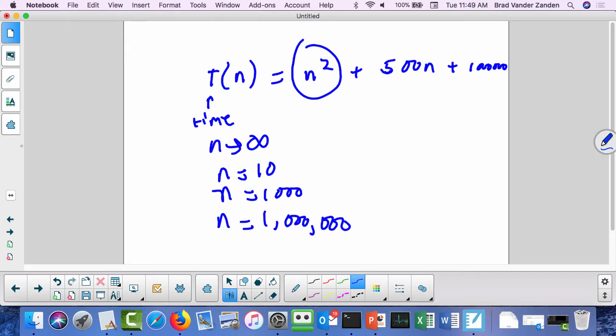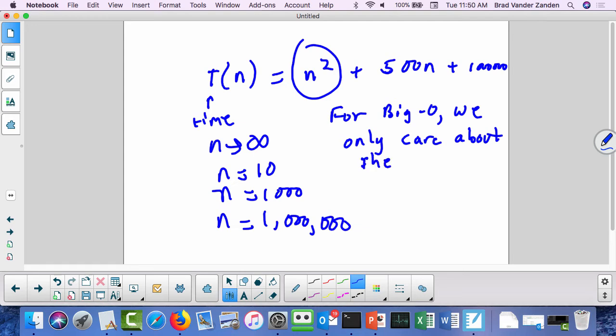So for big O, we only care about the biggest term. Because in general, the biggest term is going to dominate. Now sometimes it may be for small inputs we do care about the other terms, but in general we're only going to care about the biggest term as n goes to infinity. And we're also going to get rid of constants on the factor.